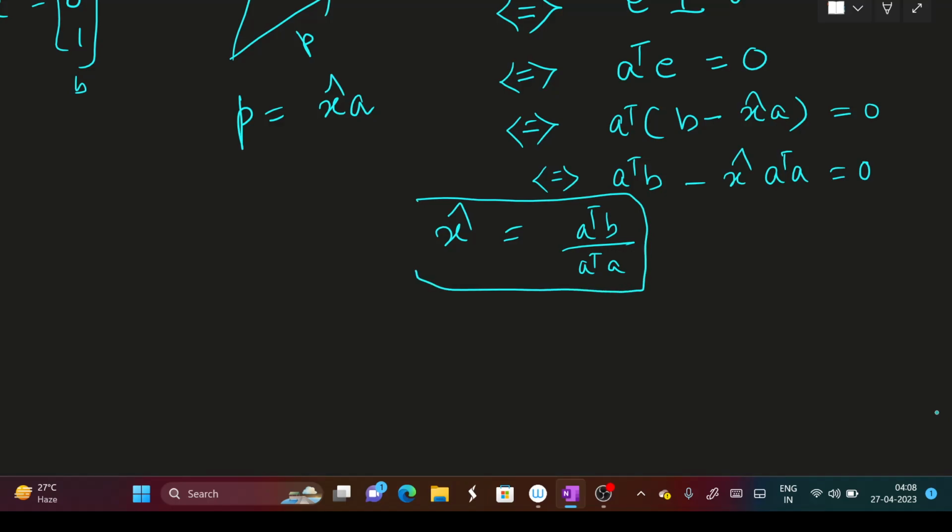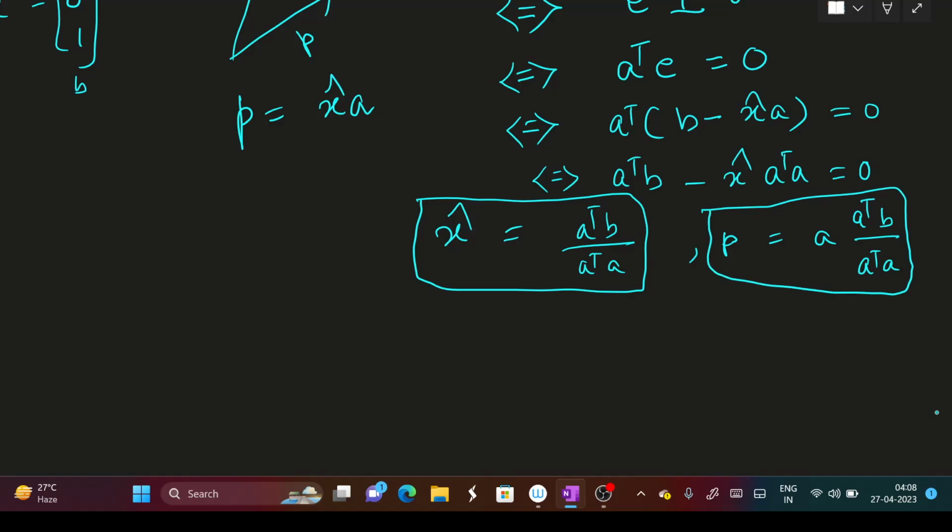Once I got my x cap, what do I require? I require my p. What is my p? p is equal to a x cap, which is a times a transpose b by a transpose a. It is my formula for p. It is the projection vector p.